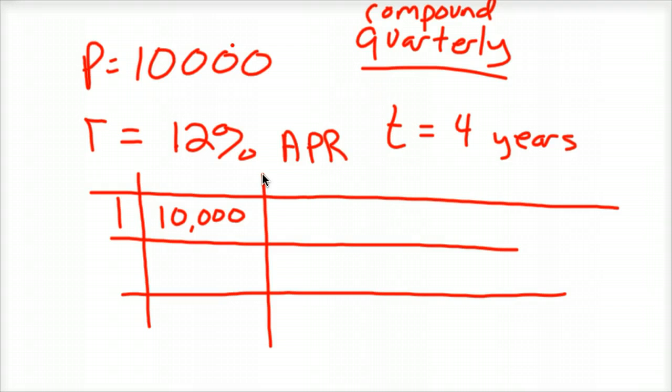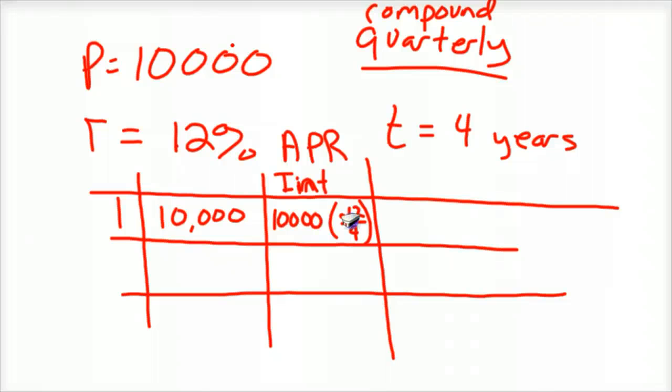But when we do our interest calculation, we're going to take that 10,000 now times not 0.12, but 0.12 divided by 4, because we're only going to do a fourth of it. And so that would be 0.03. So instead of 0.12 divided by 4, I'll put the 0.03 there. And so that is our quarterly interest. Each quarter we're going to gain 3%.